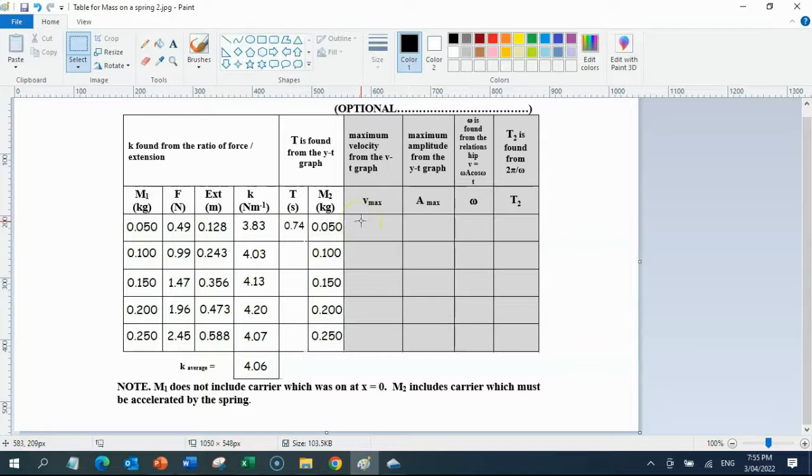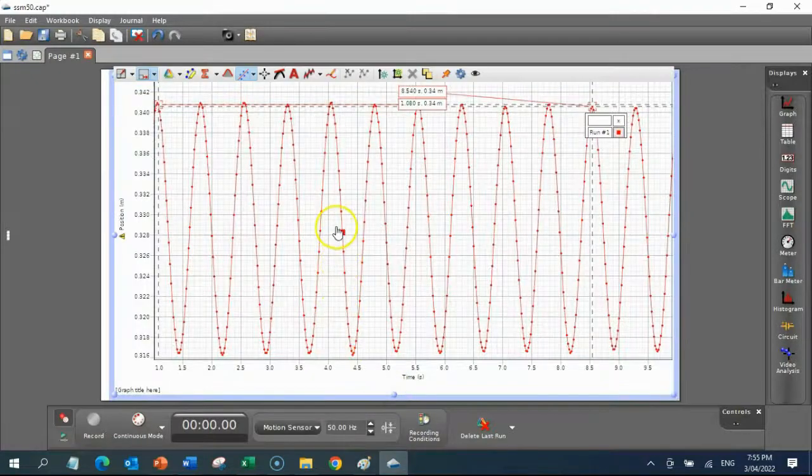While we've got that particular graph on display, what we can also do is find the maximum velocity of the 50-gram mass, its maximum amplitude. So what I'm going to do to get the amplitude is to measure the lowest point and the highest point. That's the distance they are away from the sensor, and divide that distance by 2.